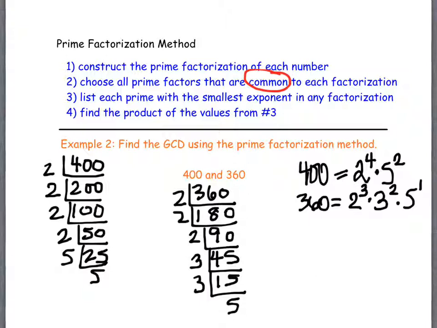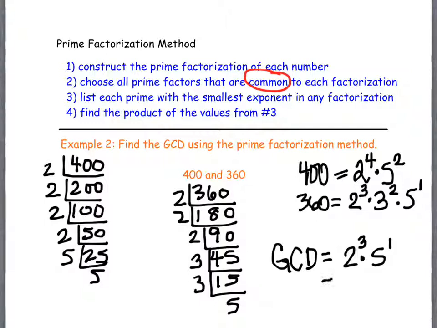So what do they have in common? So this is the GCD. What prime factors do they have in common? 2's and 5's. What's the smallest number of 2's they have in common? They both have at least 3 2's. And how about 5's? 1.